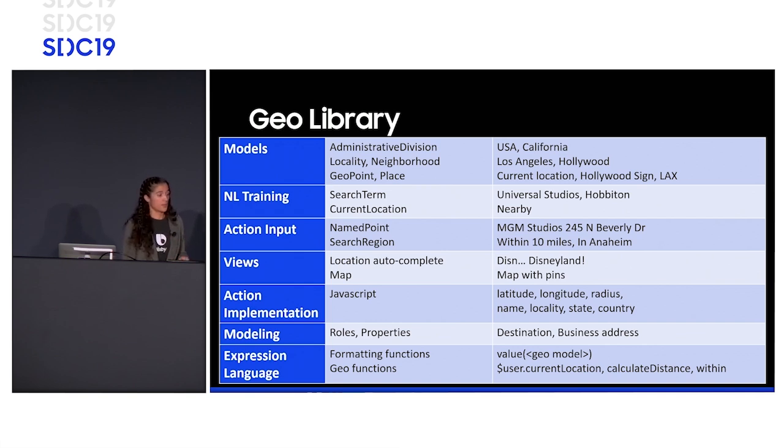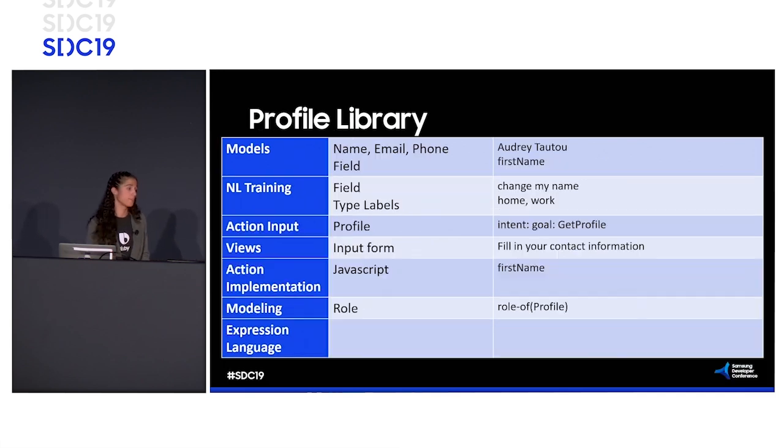And then you can use whatever models you want to benefit from their dialogues. And there are a few more expression language functions that you can use to either get the user's current location, to calculate a distance between points, or to check if a point is within a certain area.